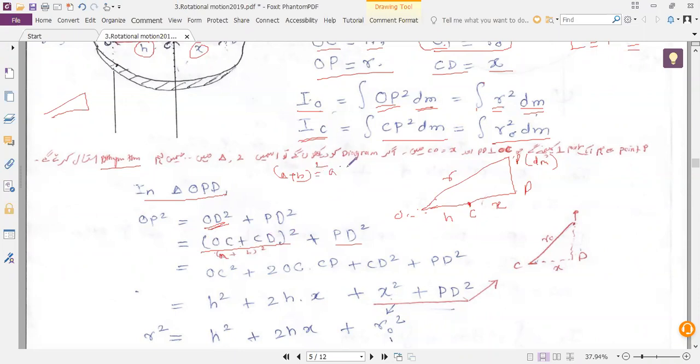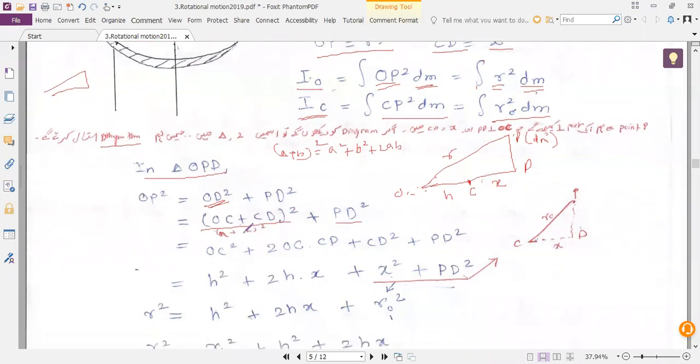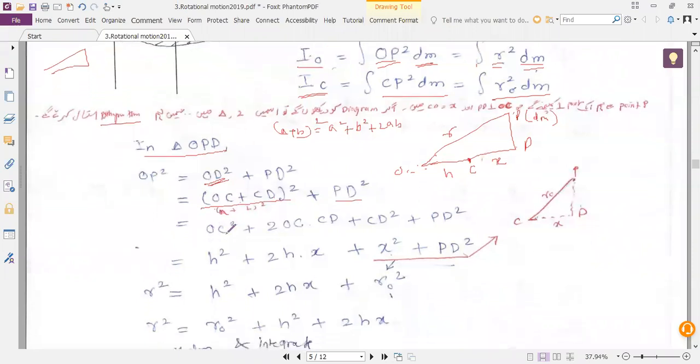What is the formula of (A plus B) whole square? A square plus B square plus 2AB. Correct? So OC square is my A and CD is my B: OC square plus CD square plus 2 OC CD. I hope you understand how we are calculating this part, and the PD part is written as PD square as well.